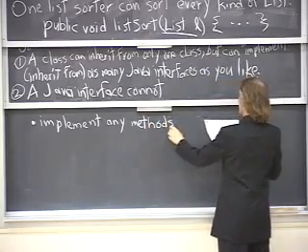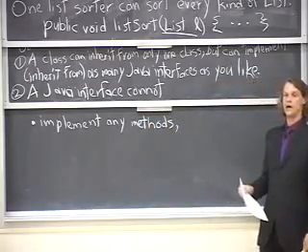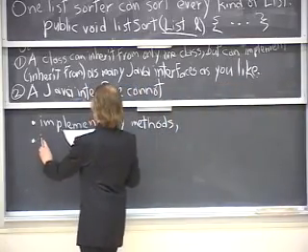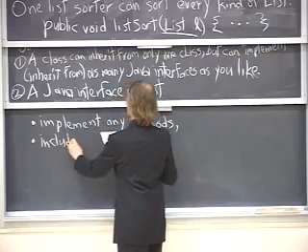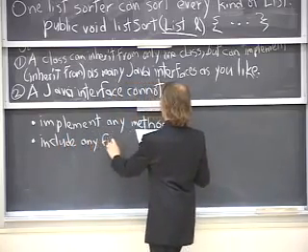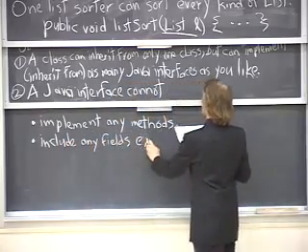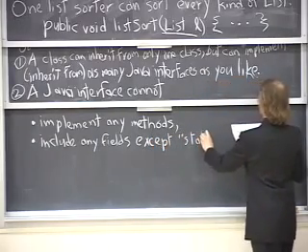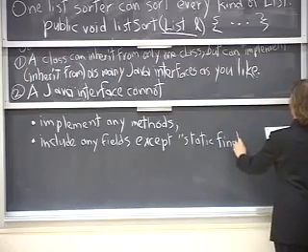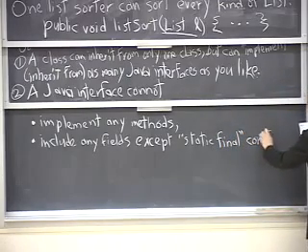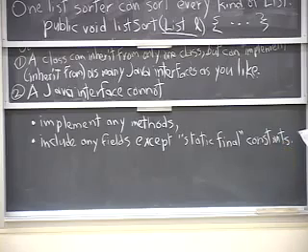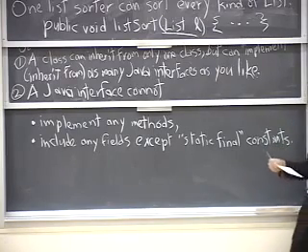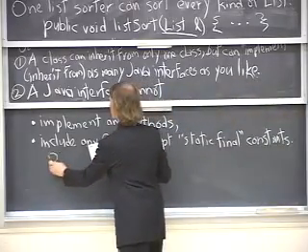So no length implementation, nor can it include any fields. With one exception, they do allow static final constants. So in other words, what's left over? Well, it only contains method prototypes and constants.